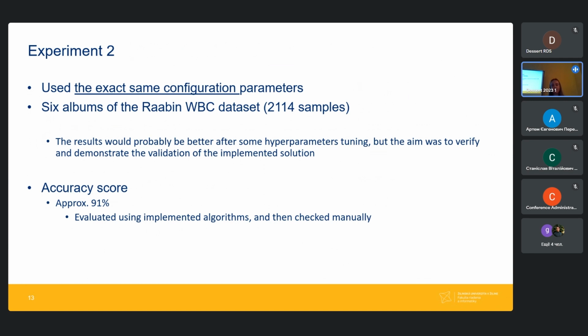So I would say the solution is pretty stable, and it demonstrates the accuracy of the solution. That was the aim of the study: to have a large sample where you don't have to pick the images. Whether you take a small amount or a very large amount, the accuracy doesn't change.